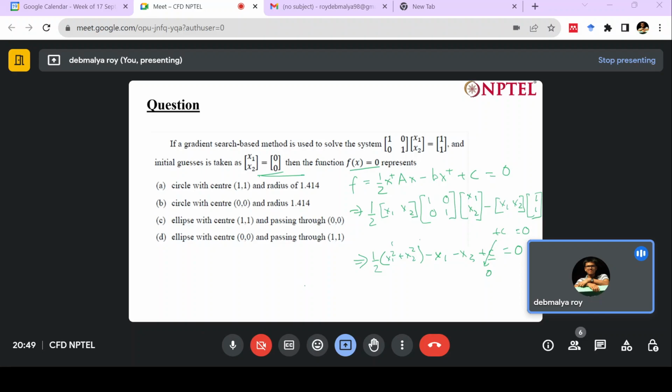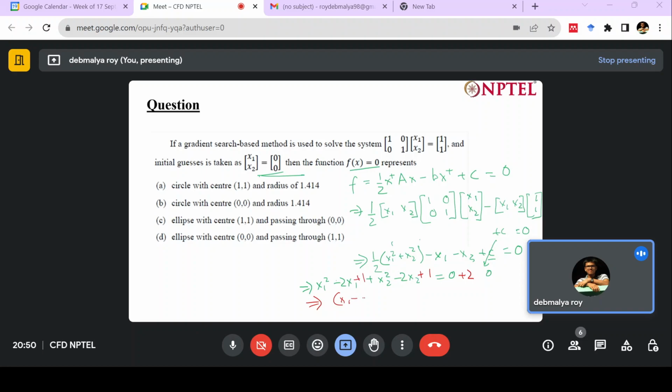Let us write it in a better form. So x1 square minus 2x1 plus x2 square minus 2x2 is equal to c. What we can do is simply add a 1 here, add a 1 here, and add 2 on the other side. What does this give us?